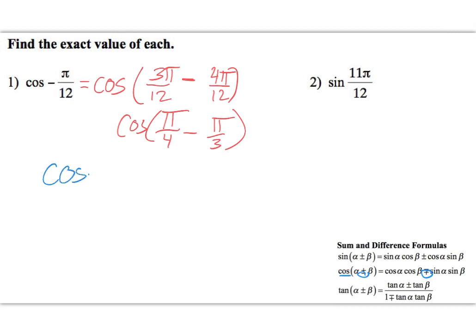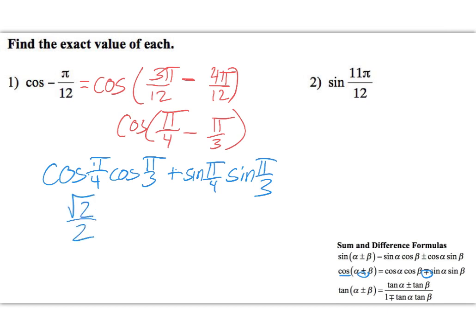So we've got cosine of pi over 4, cosine of pi over 3, plus sine of pi over 4, sine of pi over 3. Doing these out, we've got root 2 over 2 times root 3 over 2 plus root 2 over 2 times root 3 over 2.